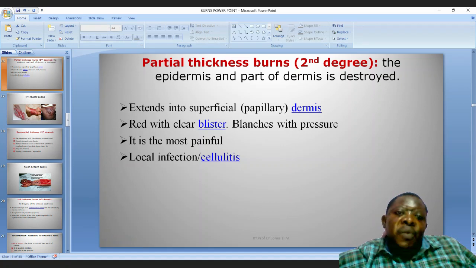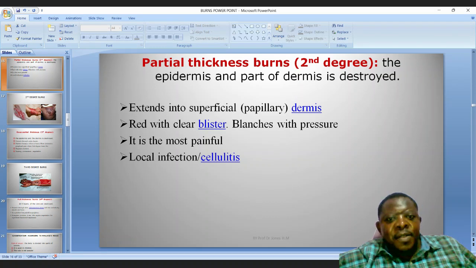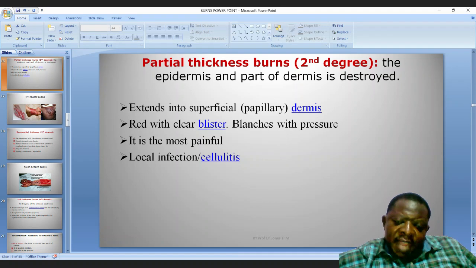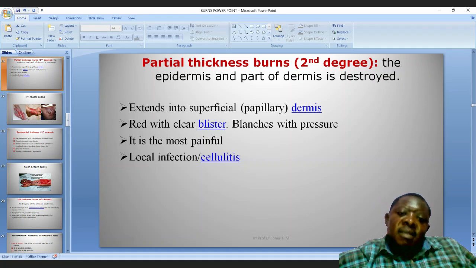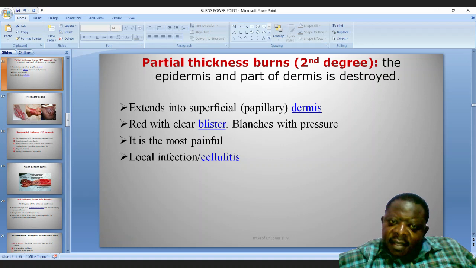And let me be quick to mention that second degree burns are the most painful because of nerve damage that affects the top part of the nerves that are found within the dermis. So the most painful type of burns are second degree burns because of increased involvement of the nerve damage that we see in second degree burns.